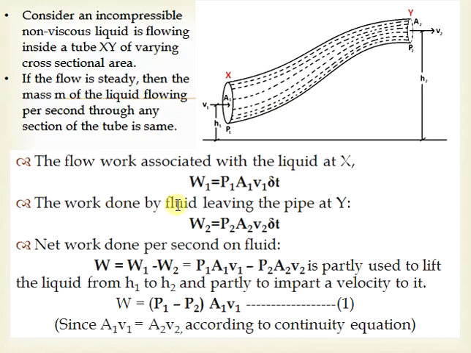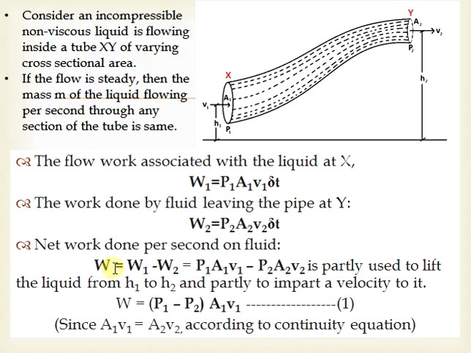Similarly, the work done by the fluid leaving the pipe at Y, W2, will be P2 A2 V2 delta T, so that we can consider the net work done per second on the fluid. So we can remove this delta T here.